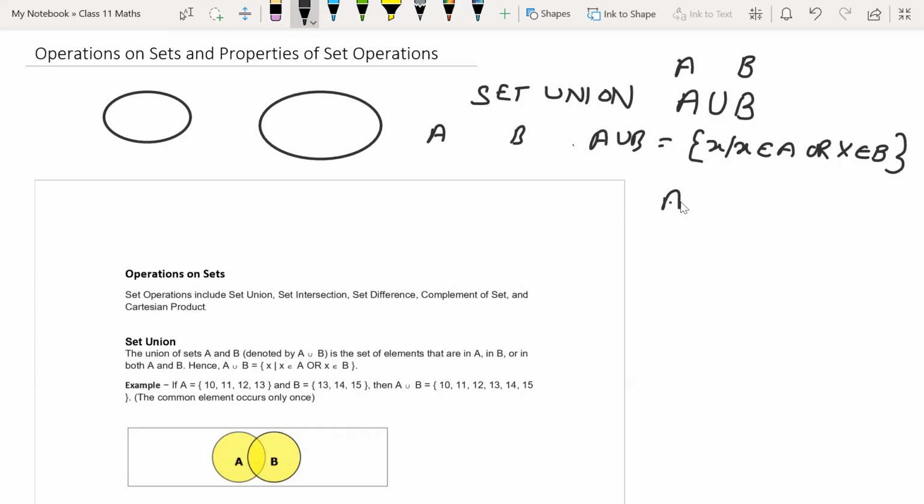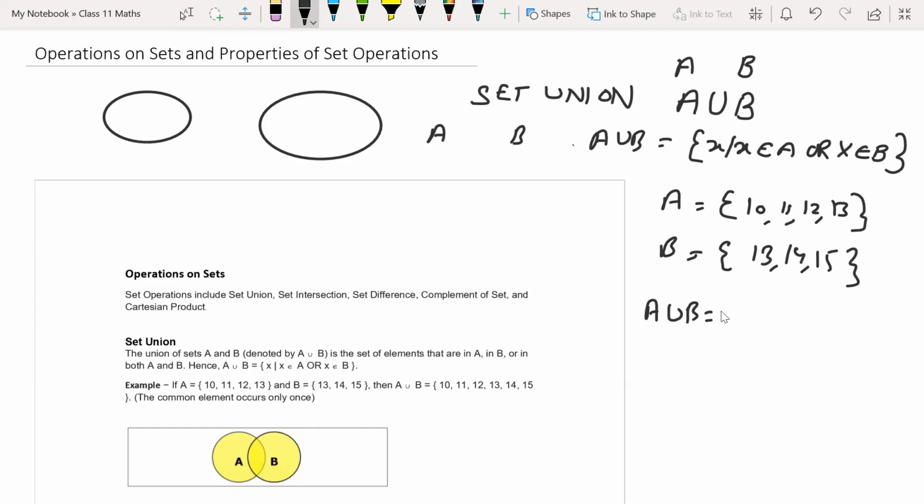Let's think of an example. Set A is 10, 11, 12, and 13, and B is 13, 14, and 15. Then what is A ∪ B?